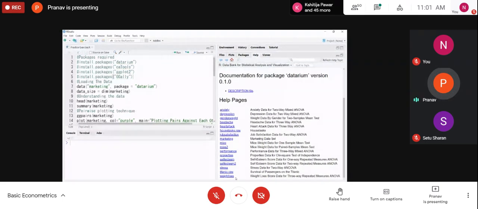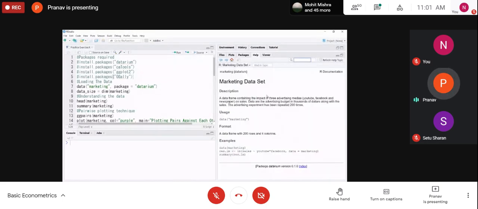In this class today, we'll be mainly using the marketing data set. So this is basically a data frame.